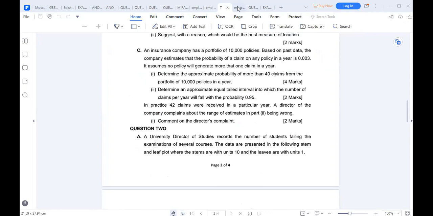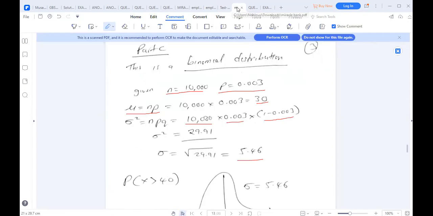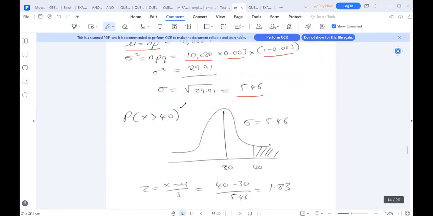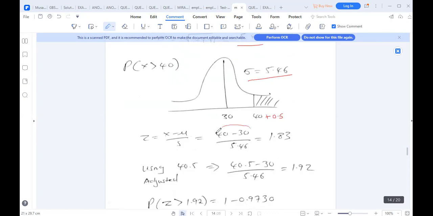So here, this is what we call the binomial to normal distribution. We're going to say greater than 40, so 40 is here. Now, because of the correction term, we're going to add the 0.5 to this one here, but it doesn't touch the 40 itself. So ideally, we're supposed to use 40 minus 30 over 5.46.